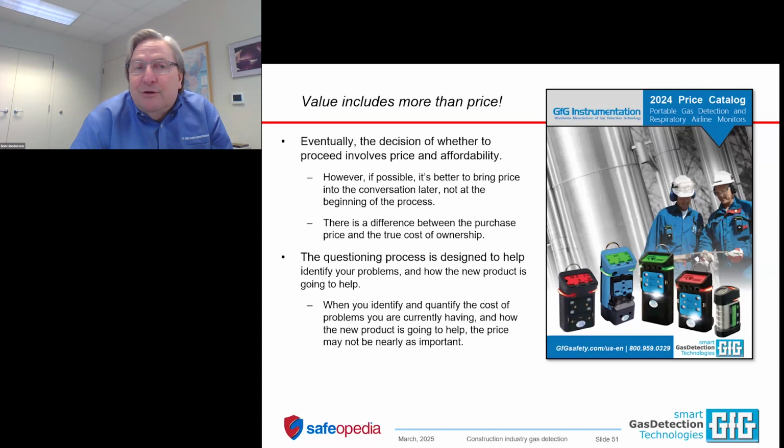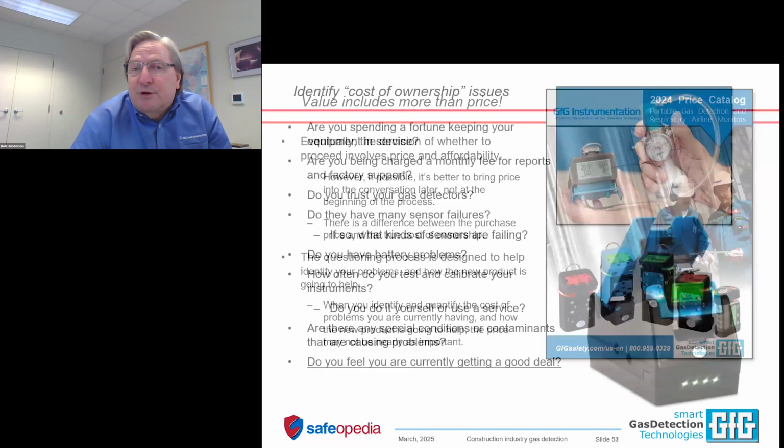And remember that value includes more than the initial purchase price. When you're thinking about what instrument to buy, I like to look at the benefits of the product and the cost of ownership over the life of the product. And that goes beyond the initial purchase price.